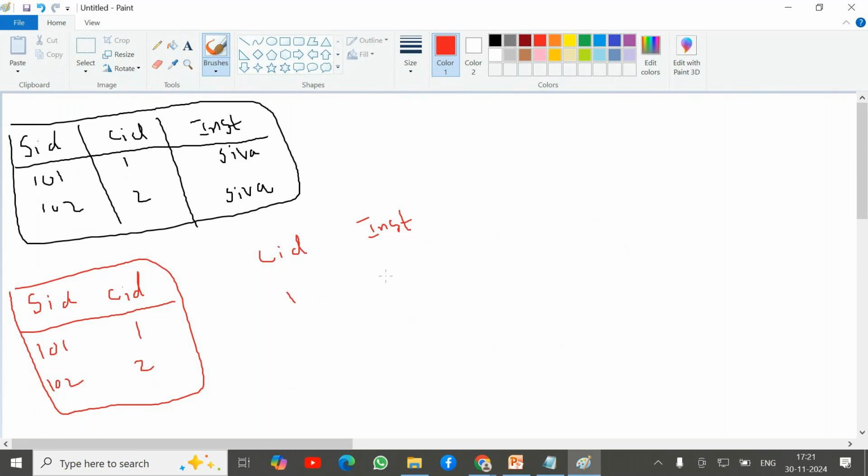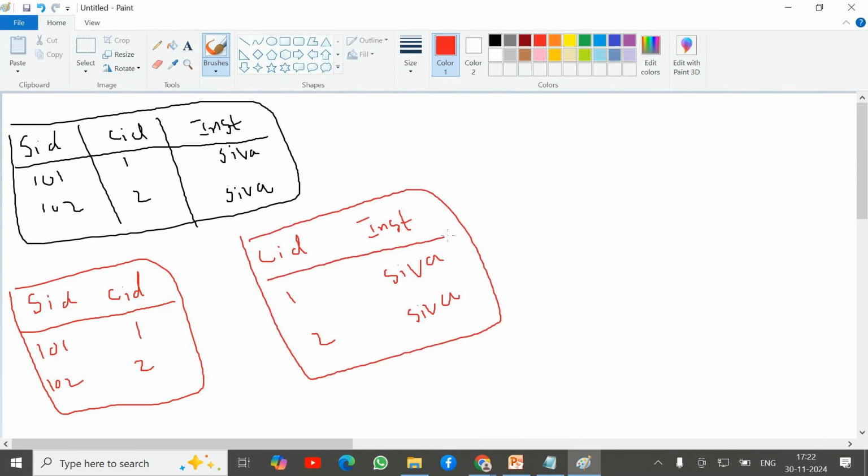Course ID 1, Shiva, and course ID 2, Shiva. This is BCNF, Boyce-Codd normal form.